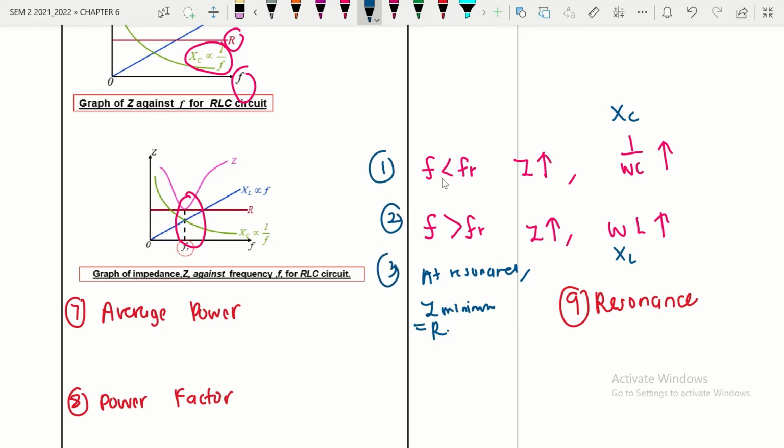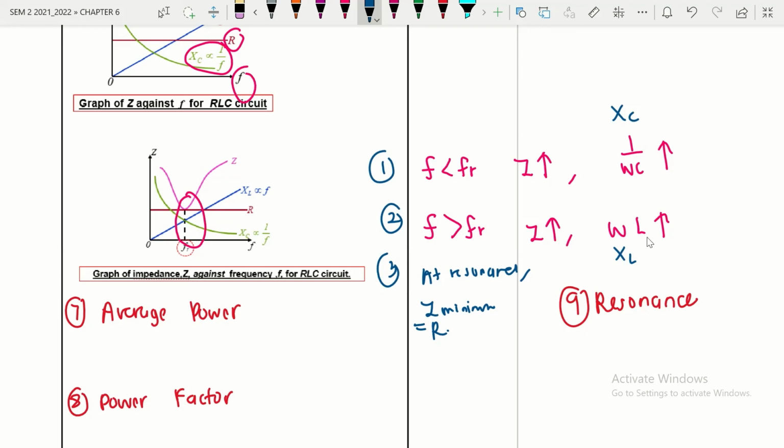First, bila frekuensi awak rendah daripada resonance frequency, so you akan ada impedance tinggi. Sebab apa? Sebab 1 over omega C you tinggi. Kan omega ni kan equals to 2 pi F. And then 1 over omega C ni actually you punya capacitive reactance. Sama juga, if frekuensi you lebih tinggi daripada frekuensi resonance, Z you still tinggi. Sebab apa? Sebab you akan ada inductive reactance you tinggi.